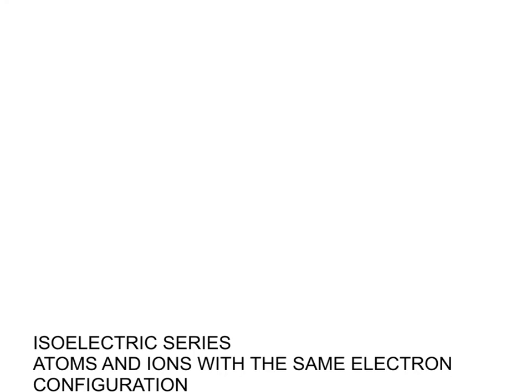Let's take a look at a series of electron configurations for some ions. Let's start with phosphide. Phosphorus has the electron configuration neon 3s2 3p3.